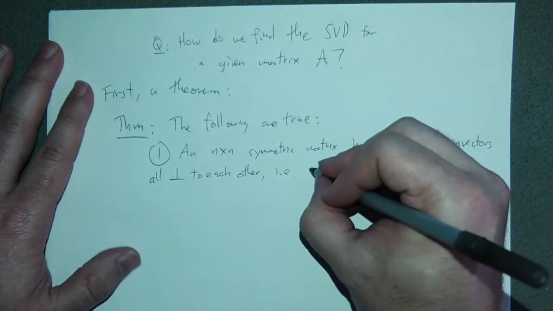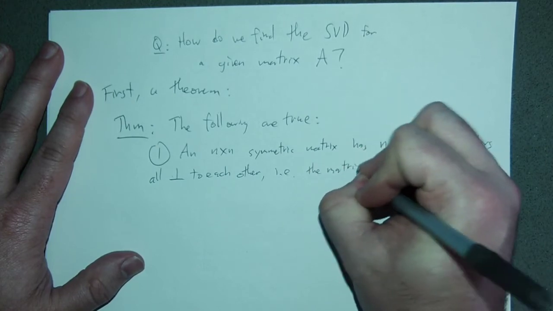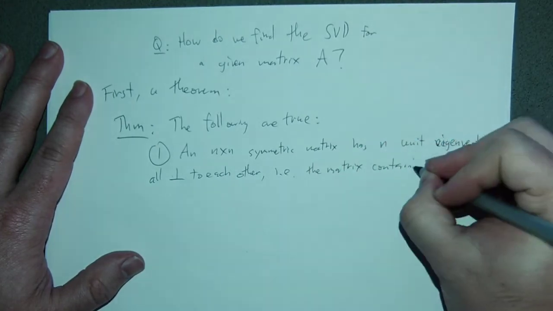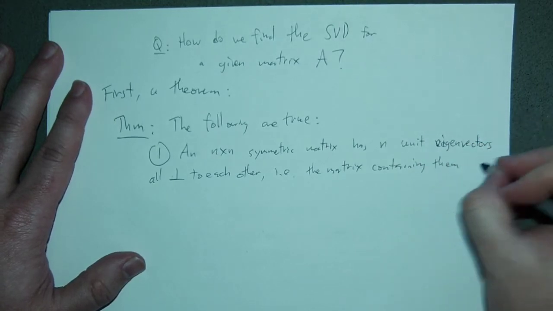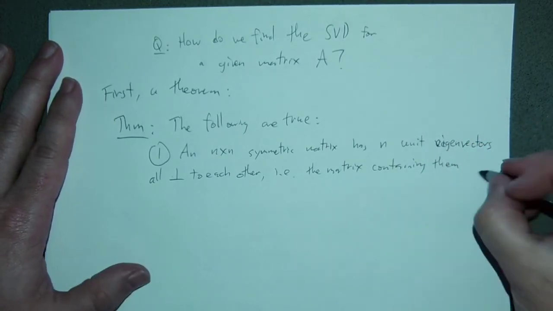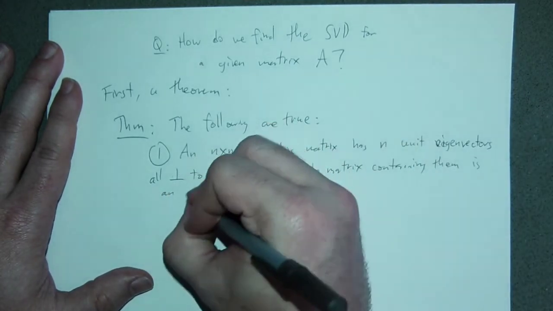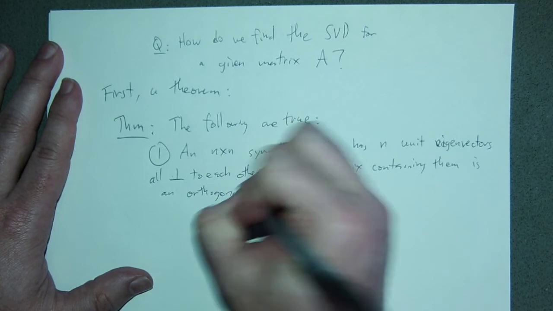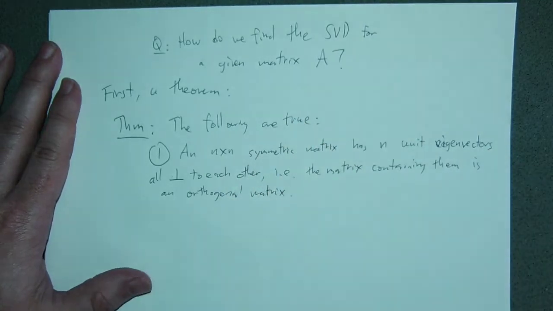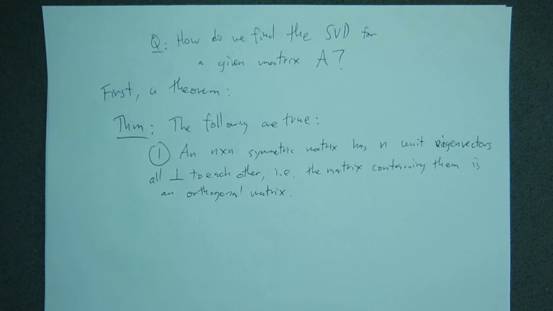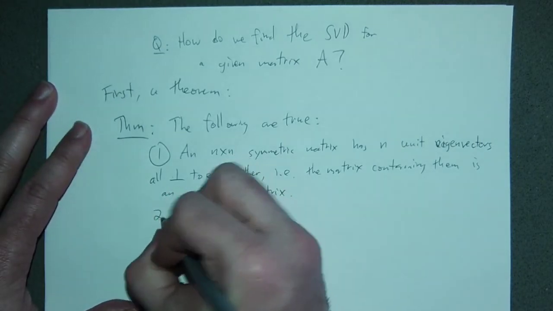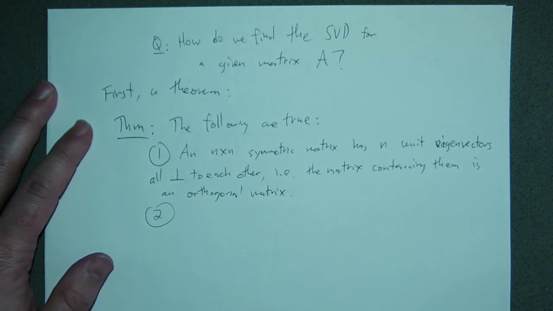I.e., the matrix containing them, or I should say composed of them, is an orthogonal matrix. You might recall this when you first took 240 or 461. This was done near the very end of the semester. It was something being orthogonally diagonalizable. This was a special thing. So symmetric matrices are really nice in that way.